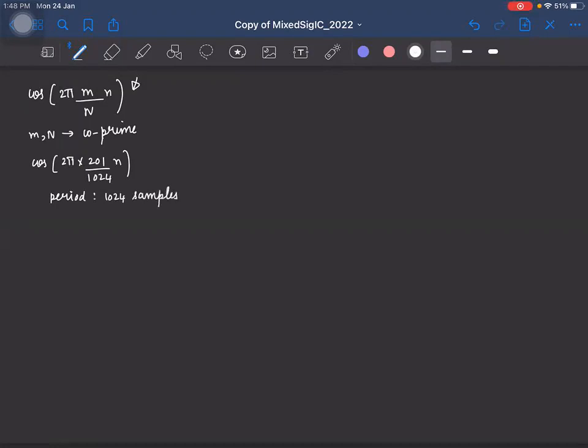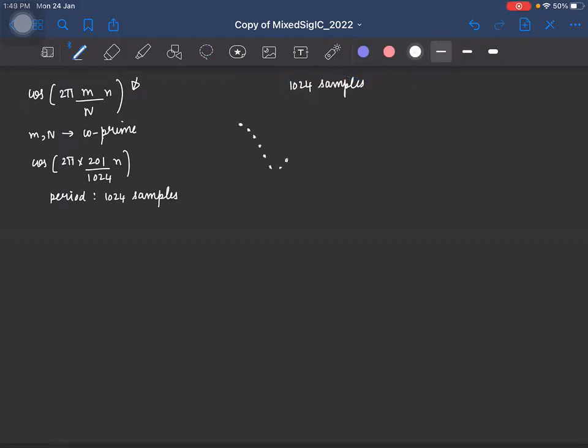If we capture 1024 samples of this signal, that is, if we truncate this signal for a total of 1024 samples, it might look something like this. So let us say these are the samples I get.